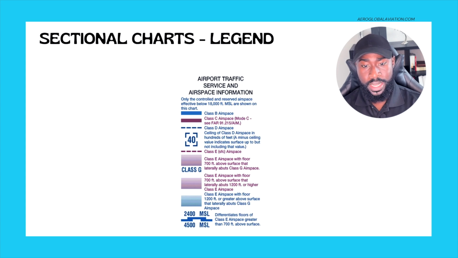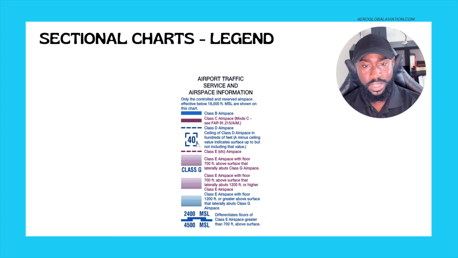Here I just highlight what the legend tells us about the airspace, because today's topic is the national airspace system. The actual legend has a lot more information. Typically you see class Bravo airspace with the solid blue lines, and the solid magenta lines are the class Charlie airspace. You have the class Delta airspace with the dashed blue lines, and this shows you a number in a sort of broken square.